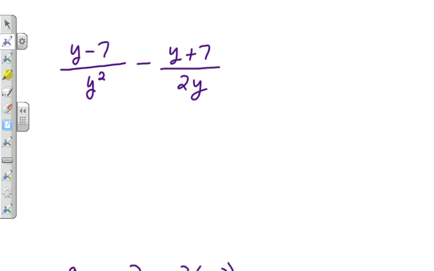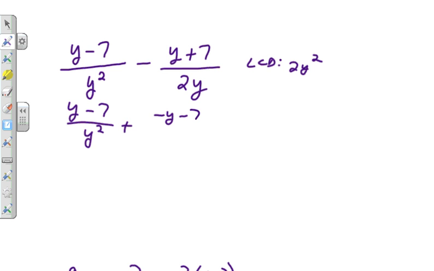Okay. All right. So this next problem, my LCD is 2y squared. I'm going to rewrite the problem before I deal with the LCD by changing this to adding. It's going to be negative y minus 7 over 2y.